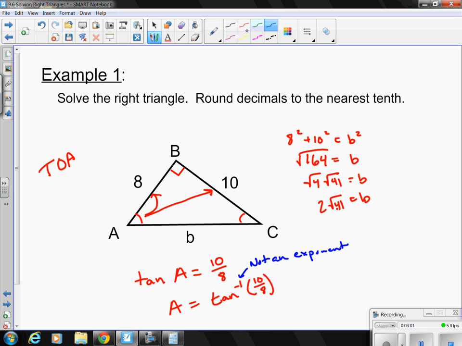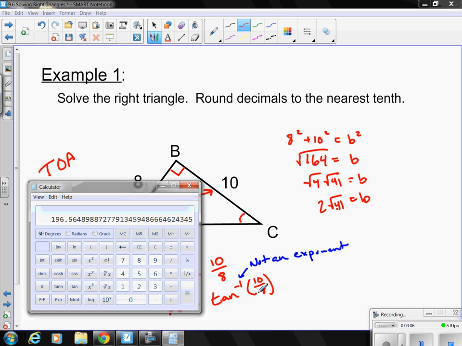All right, so I can now put this in my calculator, figure out what 10 divided by 8 is first, and now I'm going to do the inverse tangent. So right now, this is just the regular tangent. On my calculator, I have to hit inverse, and then I can hit that.